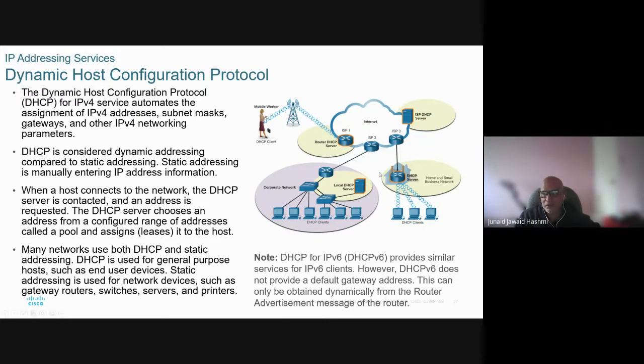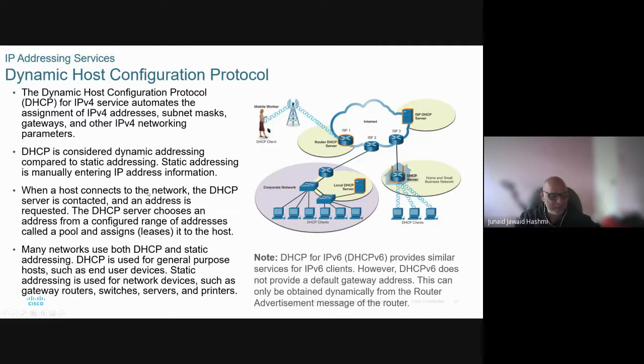The closest DHCP server responds to that broadcast and offers you an IP address. The client accepts the offer. Once it accepts the offer, the DHCP server leases an IP address.